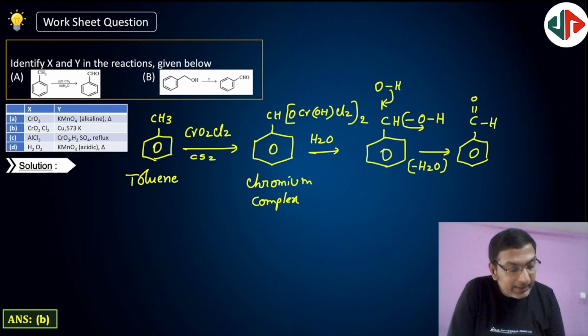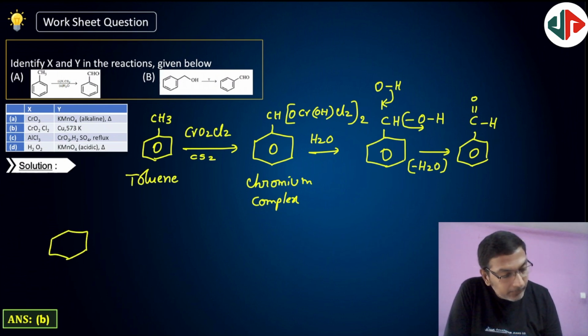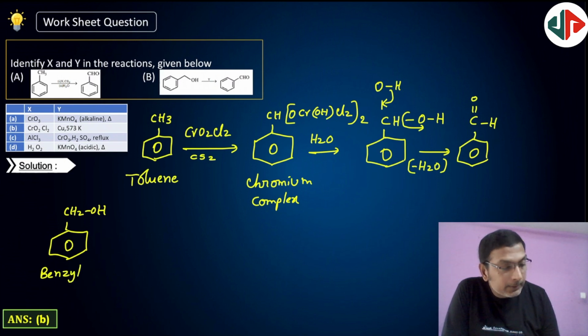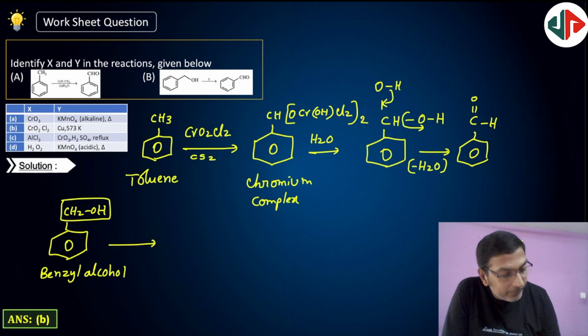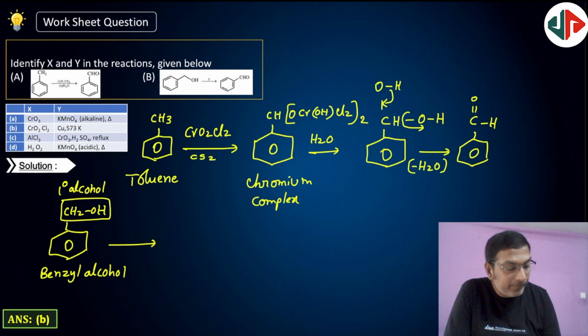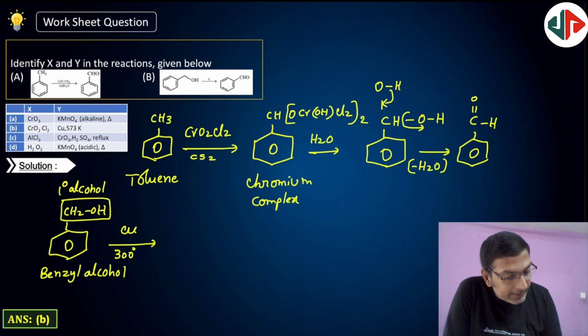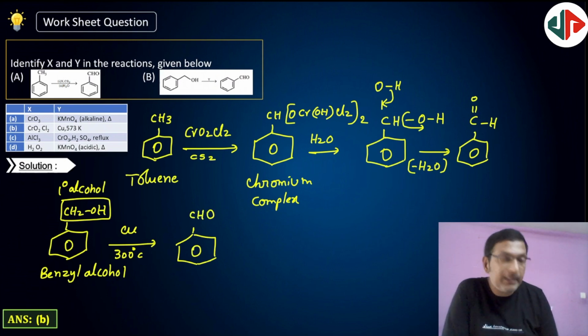Second reaction. CH2OH is benzyl alcohol. It gives benzaldehyde. This is a primary alcohol. So primary alcohol with copper at 300 degrees centigrade gives CHO, benzaldehyde.